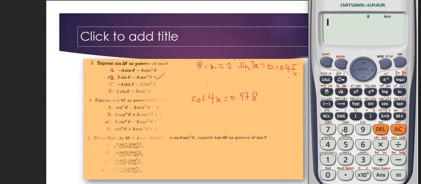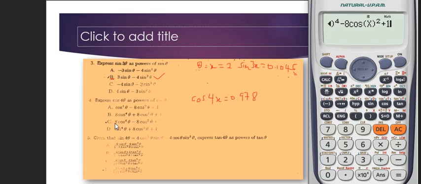Okay, so we have 8 cos x exponent 4, and then minus 8 cos x squared, and then plus 1.